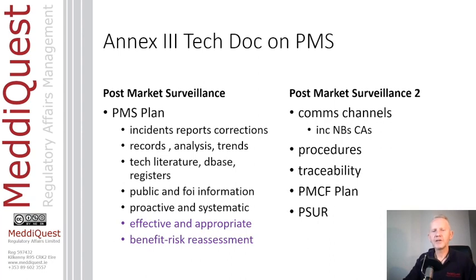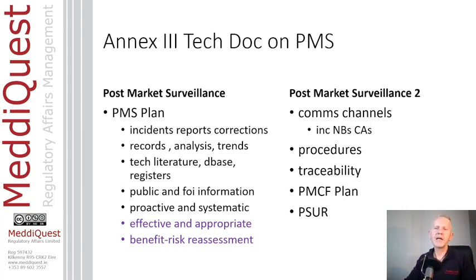So you've got incident reports, corrections, records, analysis, trends. Maybe this is the benchmarking that you've been doing against competitive products. Maybe it's your market intelligence. Maybe it's your ongoing updated benefit risk assessment. As you discovered, perhaps those initial risks that you assessed at the design stage, maybe you made them too high.